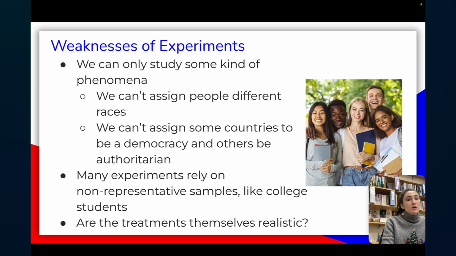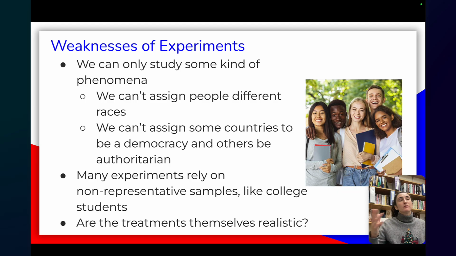The other problem is that many experiments rely on non-representative samples. We don't have a survey institute here, but in a lot of universities, they pilot surveys on college students to start, and then they will field the survey in a much more broad sense later on.